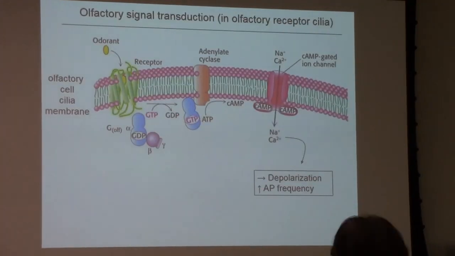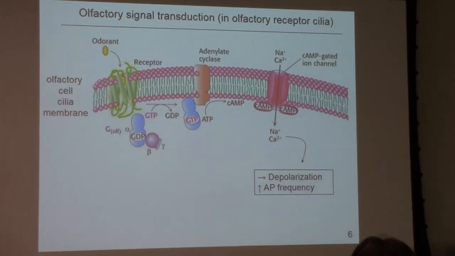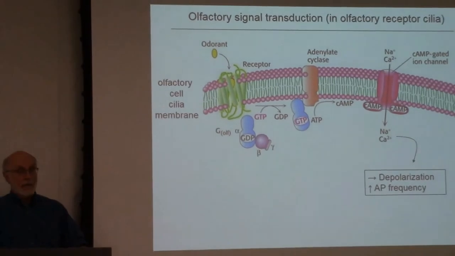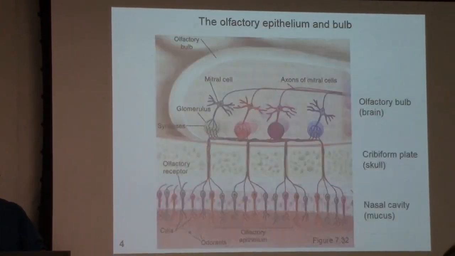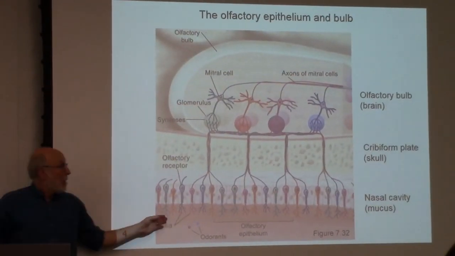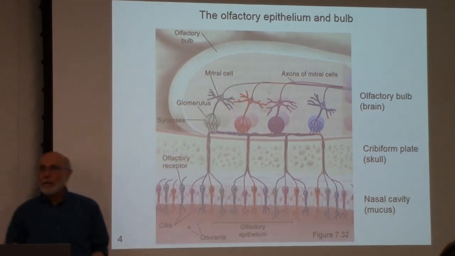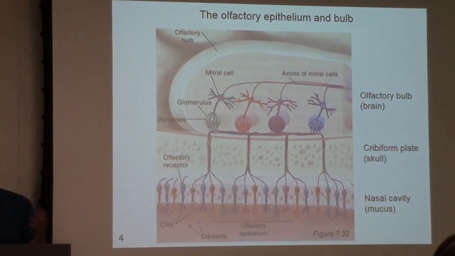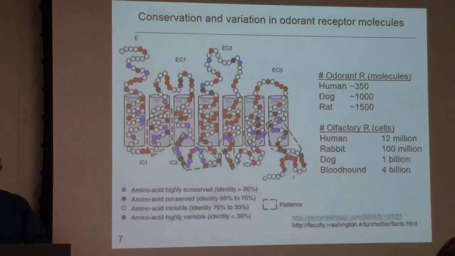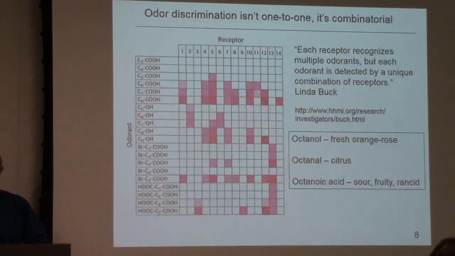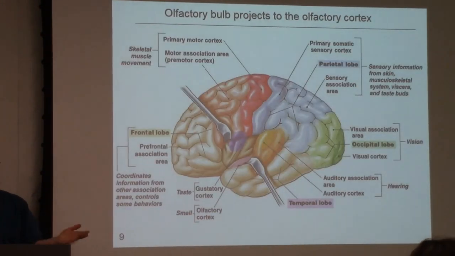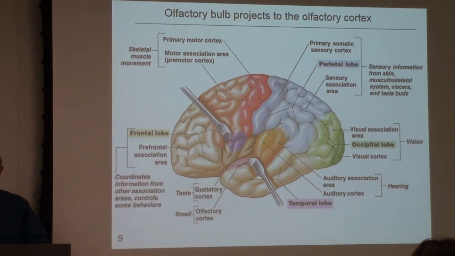This is the key slide for understanding the molecular mechanisms of olfaction, for knowing the molecular anatomy of olfaction and being able to combine anatomy with physiology. We already went through this slide with olfactory cortex anatomy.